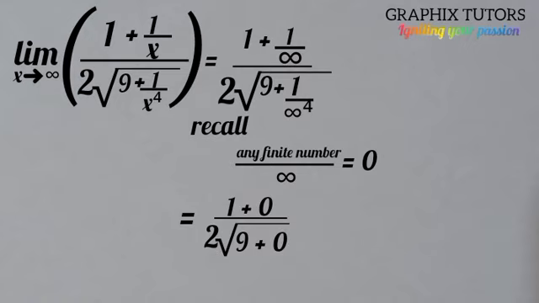So we'll have 1 over infinity giving us 0. So we'll have 9 plus 0 here. Now 1 plus 0 is 1 divided by 2 times the square root of 9, because 9 plus 0 is 9 and the square root of 9 is 3. So 2 times 3 will give us 6. The answer is 1 over 6.